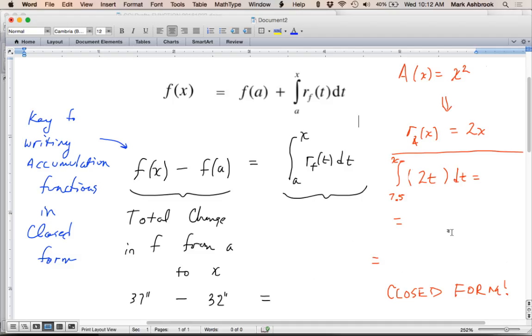Where's Austin Baker? Austin, can you help me out here? Okay, and so what would be the intermediate step there? That's right. Okay. Is it f of x minus f of a?